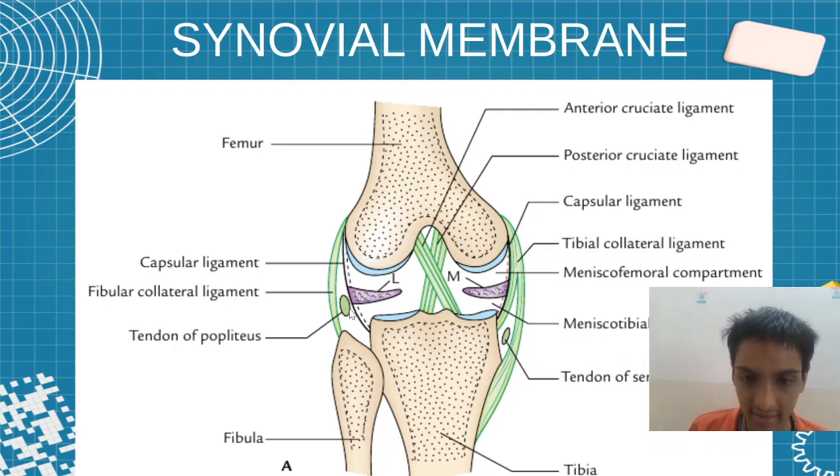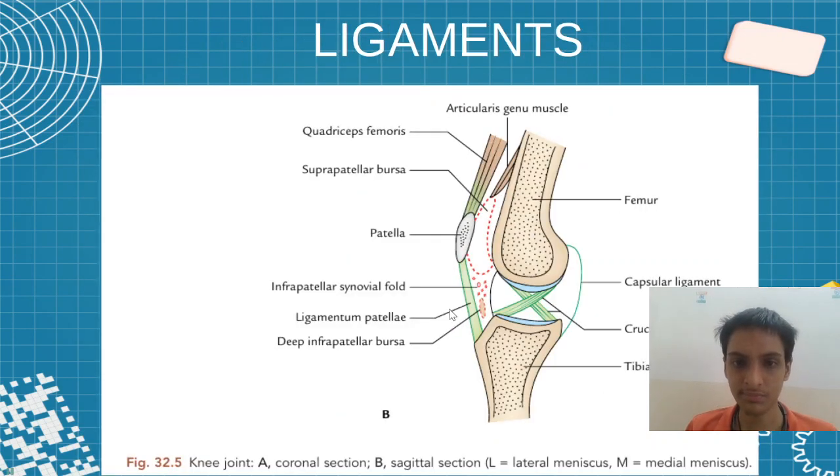Then you are finding the tendons of the hamstrings, semimembranosus, semitendinosus, and popliteus. You will also find sometimes the biceps femoris. So this is the meniscus, this is the femur, so meniscofemoral, and this is tibial. From the name itself you can guess the answer.